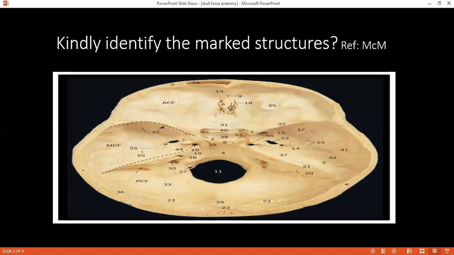The contents of the cavernous sinus are the third, fourth, fifth and sixth cranial nerves, from above to below: first oculomotor, then trochlear.